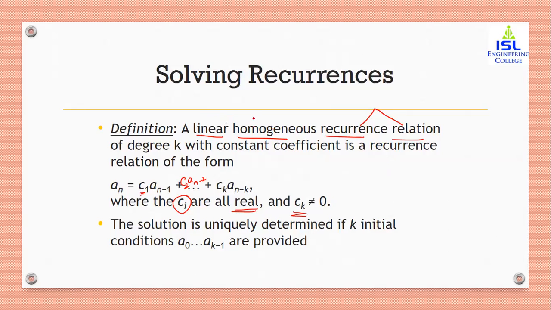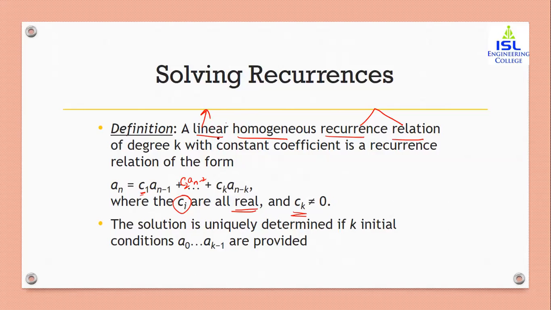Let's see that. First and foremost, what do we mean by linear? A recurrence relation is known as linear if the right hand side is a sum of the previous terms. Whenever we are taking the sum of previous terms, then that recurrence relation is known as a linear recurrence relation.